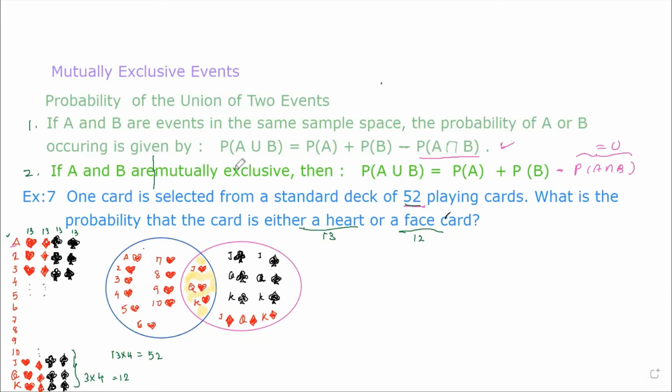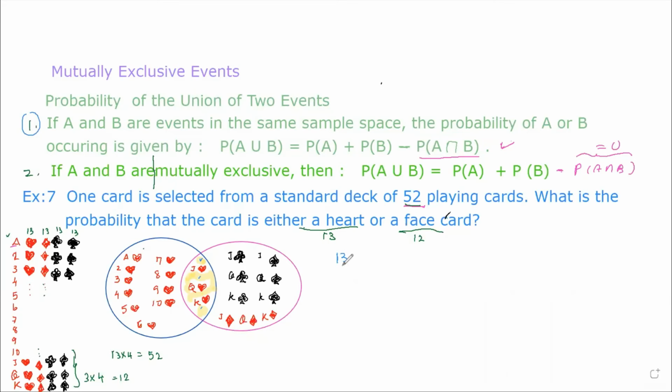So now in this question, you can go back and see we have an intersect part, correct? So now we find the heart first, the heart cards. We have 13, right? We have to use the first formula, because we have the intersect part, the yellow color here. So then we find the probability of a heart first.